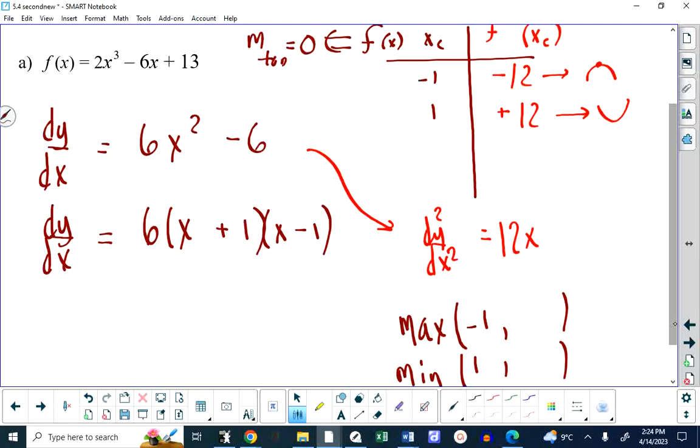And then it's a matter of putting 1 into the function and -1 into the function and calculating the y coordinate, which I would like you to do. Mainly so that you get the practice and also that you can check my math. No, it was right. I'm pretty sure it's 18. No?